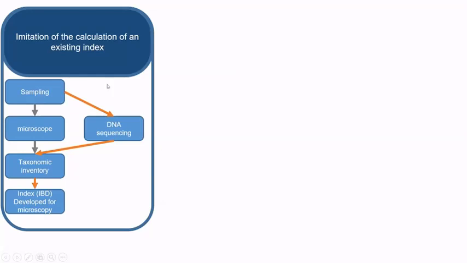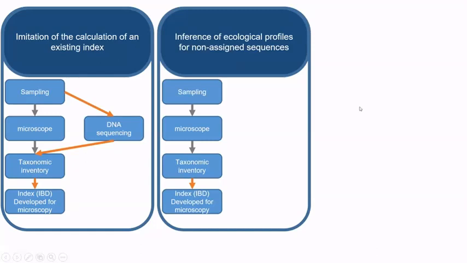What I showed you until now is we just bypass the microscopic identification with a molecular identification, and we come back to the classical workflow and make a modified taxonomic inventory, which looks like the microscopic one, and then calculate the IBD. The second strategy is to infer ecological profiles for non-assigned sequences.